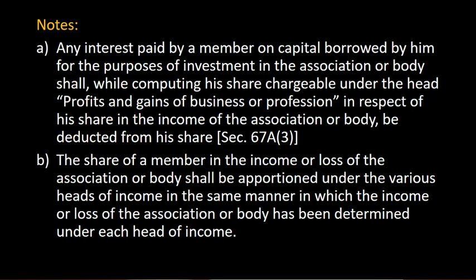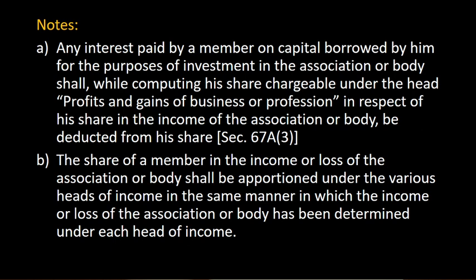Come to the next. So the C point we are discussing, where any deduction is there. Now who got the deduction? AOP already took the deduction, maybe for 80C to 80U, any deduction AOP got already. Now when AOP already got it, what do you feel? Can a member claim it as deduction again?